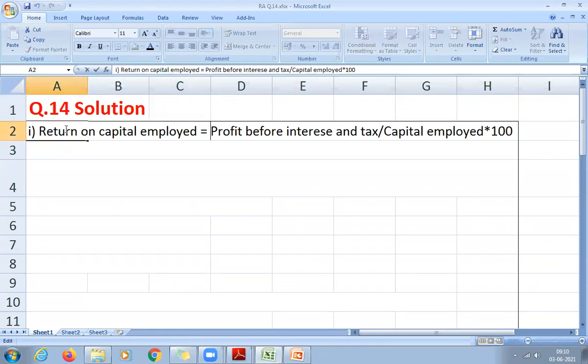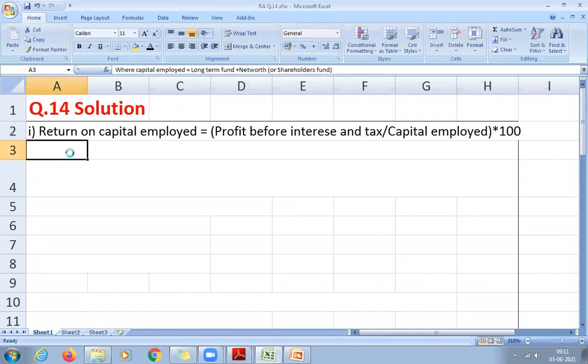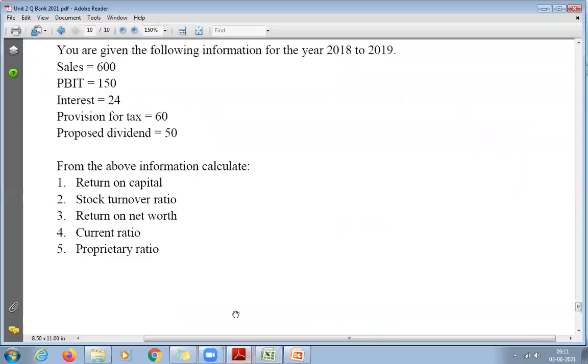So how much has he given as profit before interest and tax in our question? 150. Yeah, that is the PBIT. If you remember, we discussed PBIT already. You can see here, 150 is given directly.